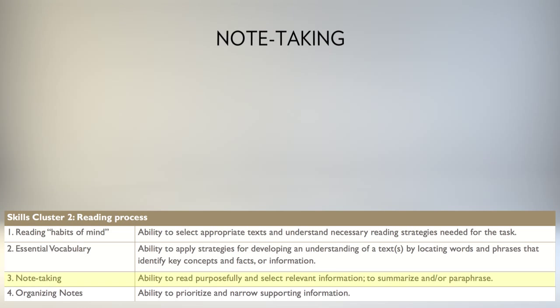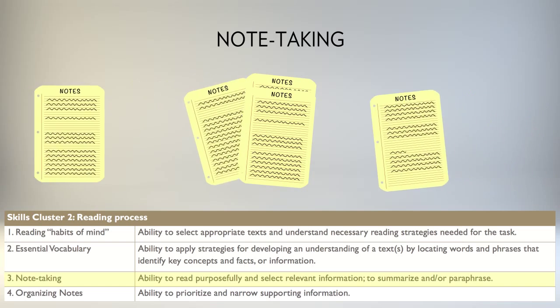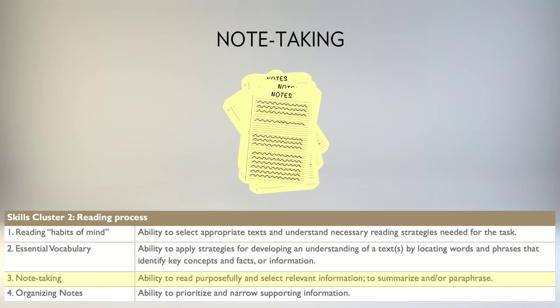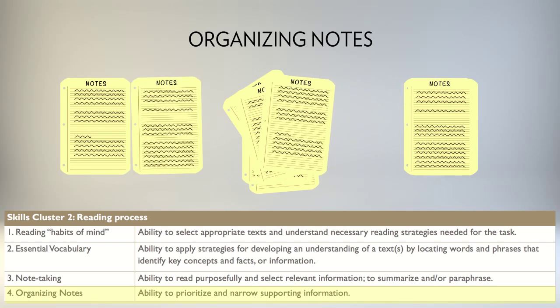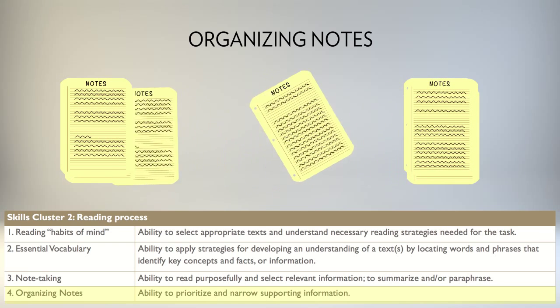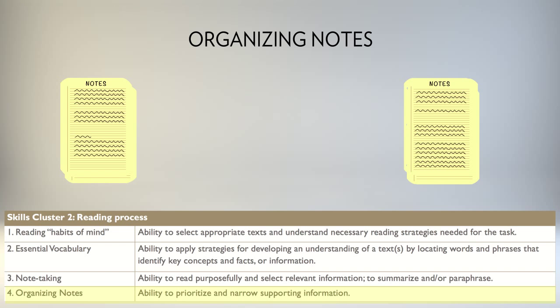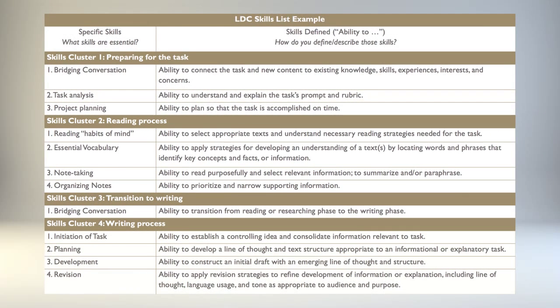This means that students will need to identify relevant information and use an effective process to take notes. Then students will need to organize and prioritize their notes so that they will be able to define and discuss freedom from the perspectives of multiple authors. With the task in mind, I'll list the skills students need for the reading process, Skills Cluster 2.